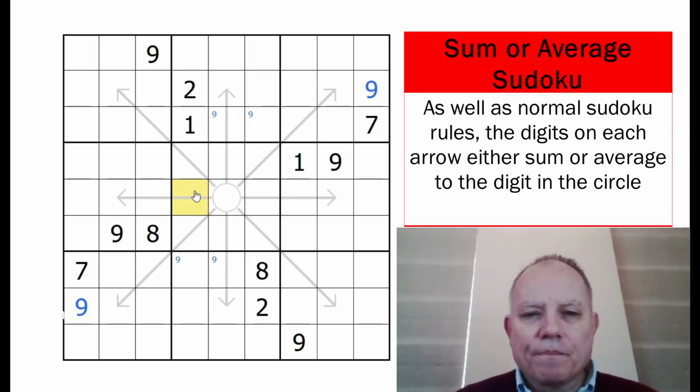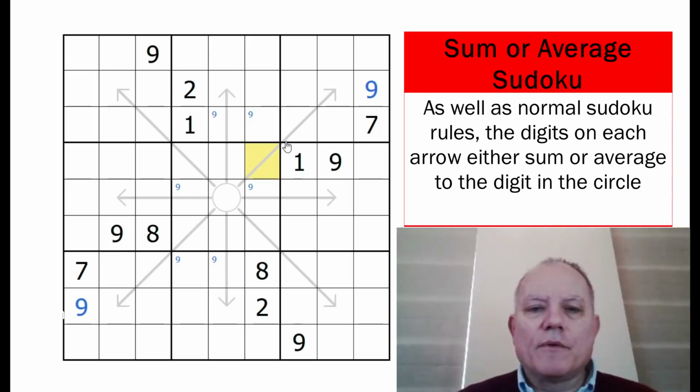Now in the middle, one of these 3 must be a 9, but I don't think the center can be a 9 because obviously, although 3 digits could add up to 9, 3 could only average to 9 if they were all 9, and obviously that's not possible. 2 of them would always have to be in the same box.